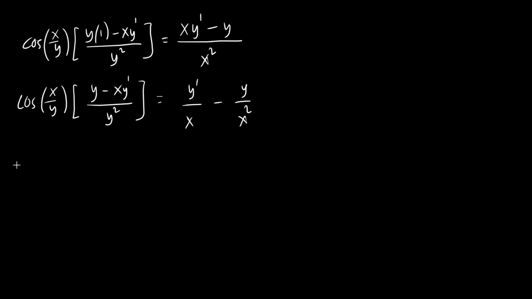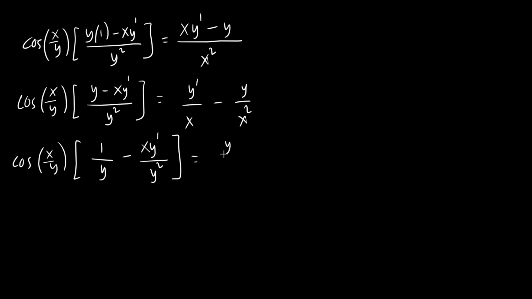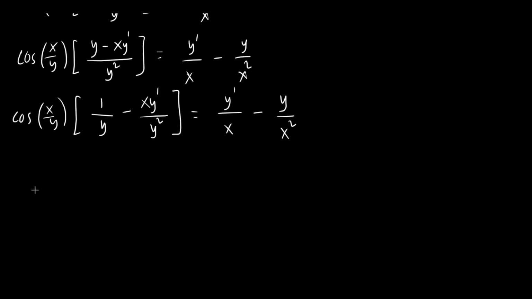So we are now trying to simplify further. So x over y. So 1 all over y minus xy prime all over y squared is equal to y prime all over x minus y all over x squared. So we'll now distribute.